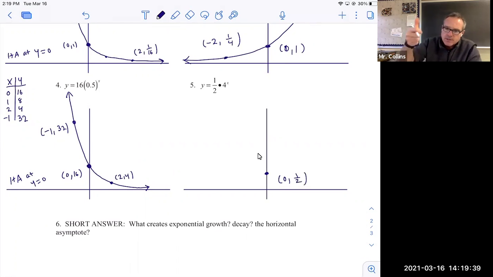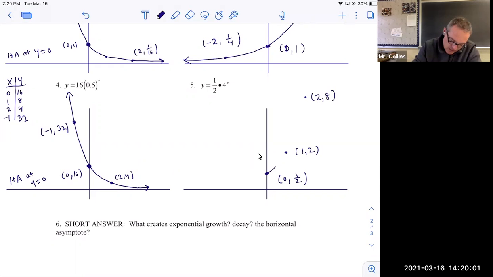That's bigger than 1, so I'm going to have an increasing function. Let's plug 1 in. I'm not even going to make the chart. I think we could do this mentally. If you plug in 1, I get 1/2 times 4, which is 2. So at 1, I'm up at 2. And then if I plug in 2, I'll get 1/2 of 16, which is 8. So here's (2, 8).